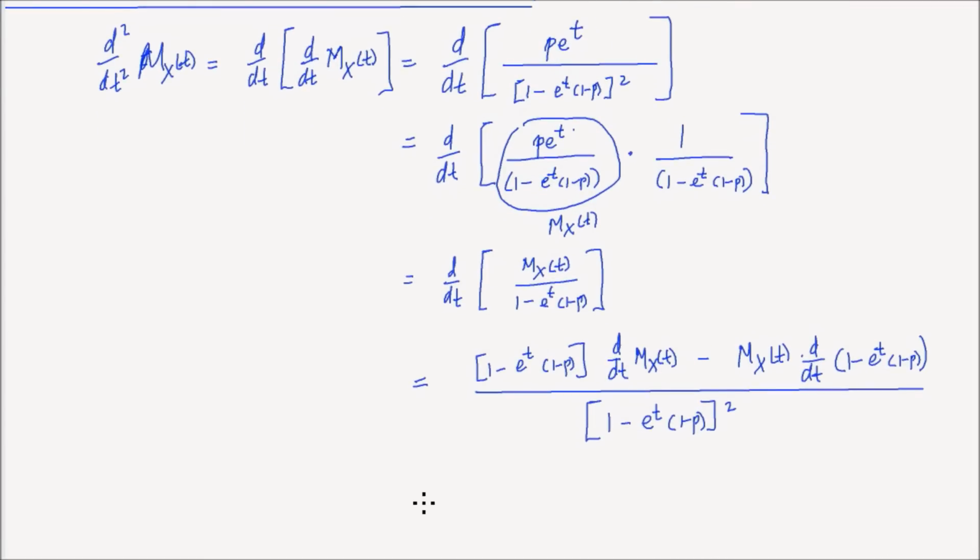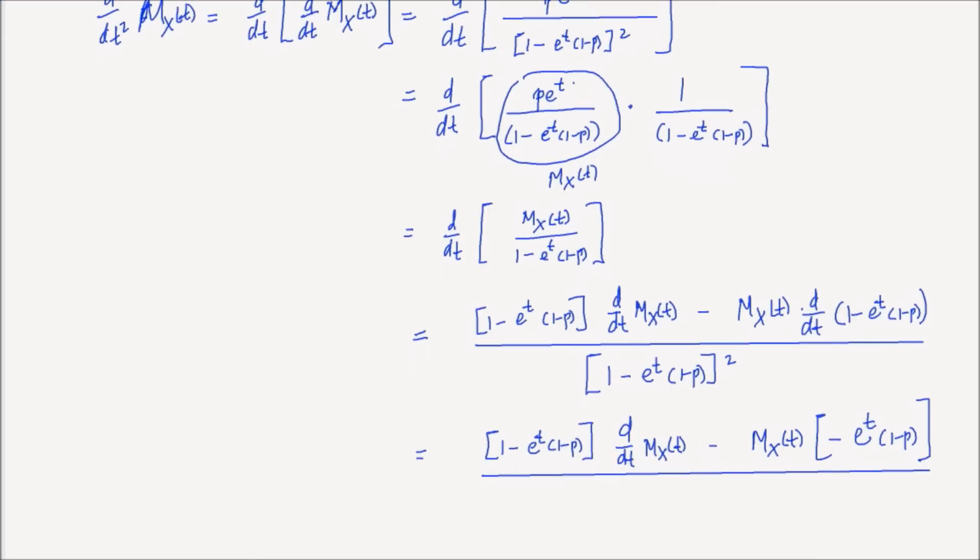Okay, almost there. So this is equal to 1 minus e to the t times 1 minus p times the derivative with respect to t of mx of t, minus mx of t times the derivative with respect to t of 1 minus e to the t times 1 minus p, which gives me minus e to the t times 1 minus p, divided by 1 minus e to the t times 1 minus p squared.